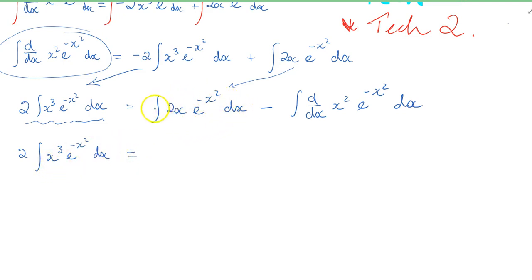Let's have a think about this. The integral of 2x e to the minus x squared. Normally we would look at that and go, what's going on? You're asking me to find the integral of a product of x terms.